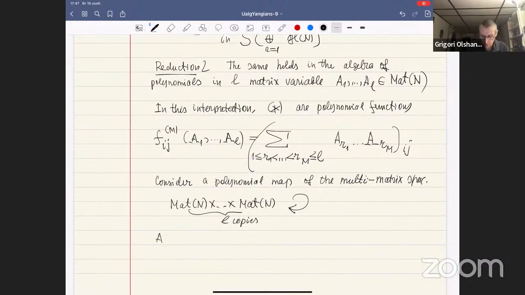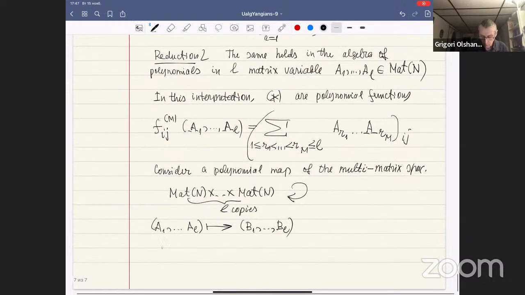We start with an L-tuple of our variables, and it is mapped to another L-tuple of matrix variables, where Bm is by definition the sum as above.